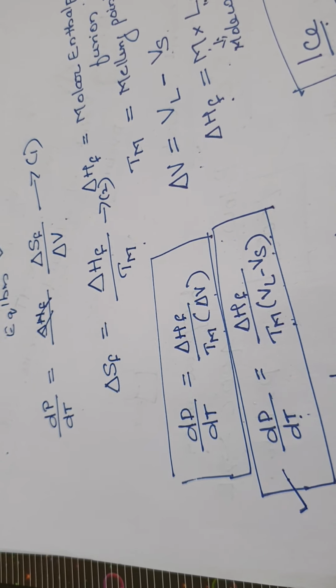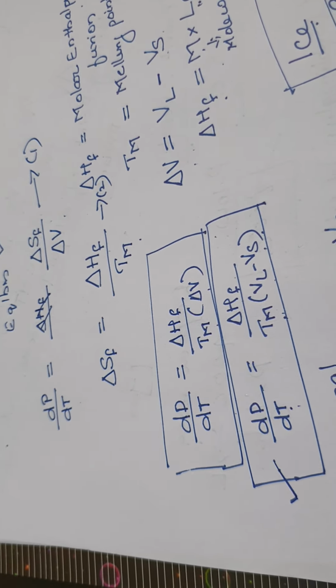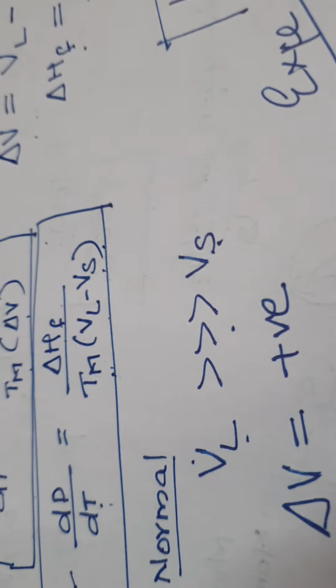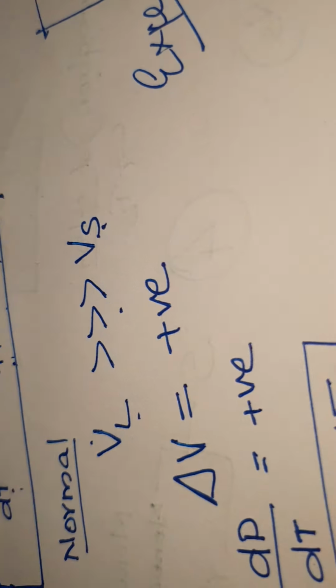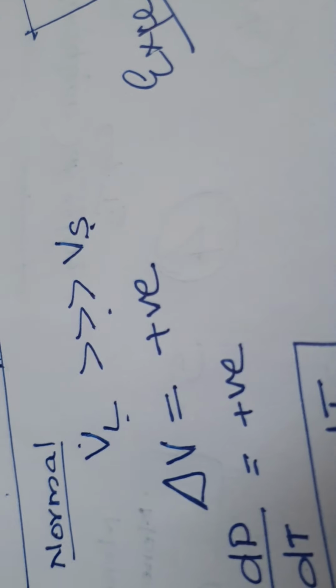Now the second application: what happens to the temperature change when pressure is changed? Consider here, in most of the cases, if you take volume of liquid and volume of solid, volume of liquid will be more compared to volume of solid.